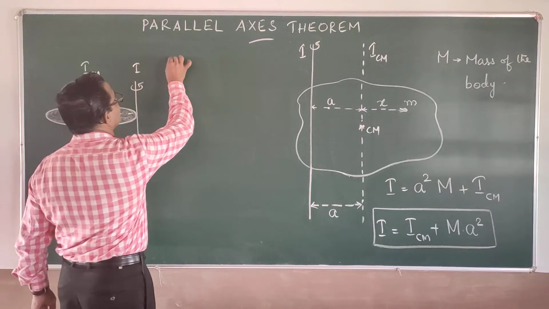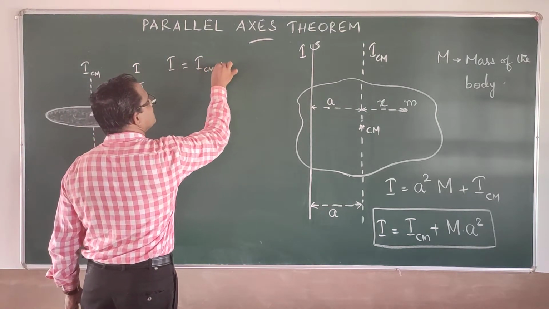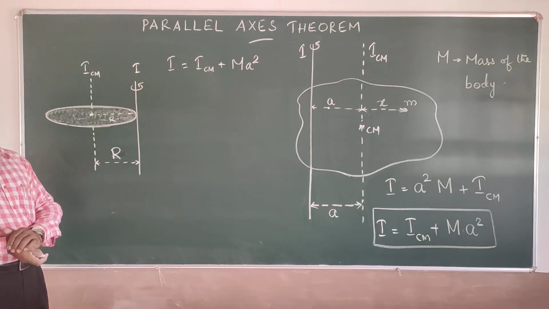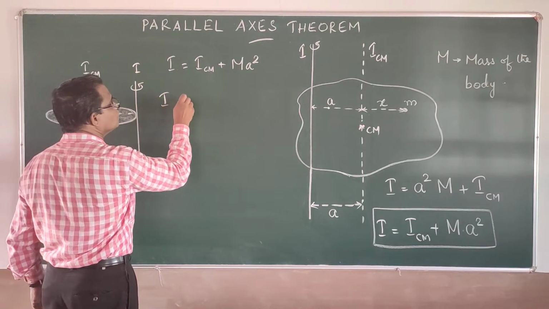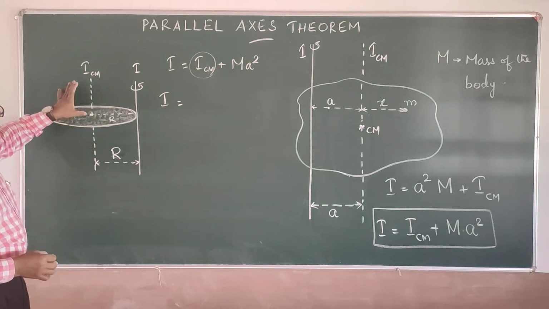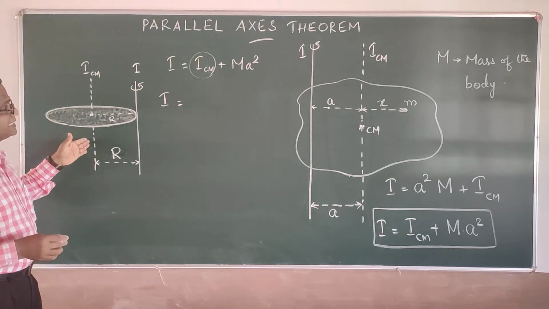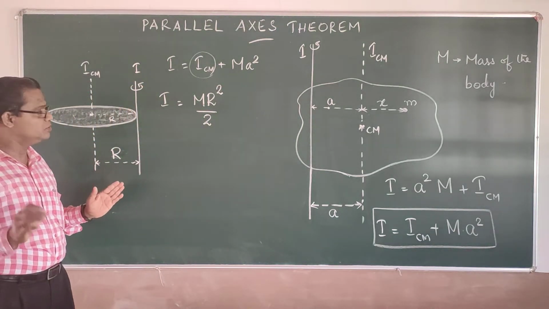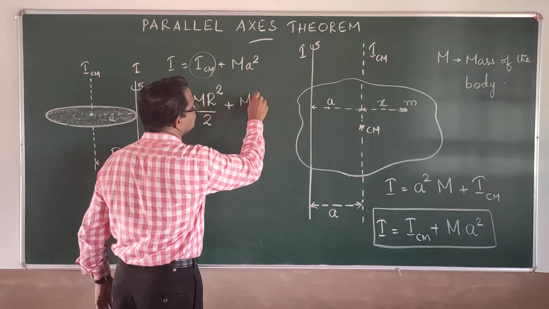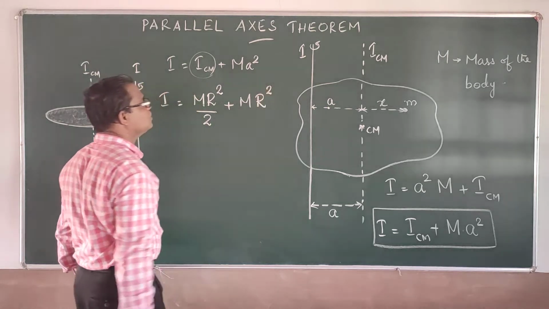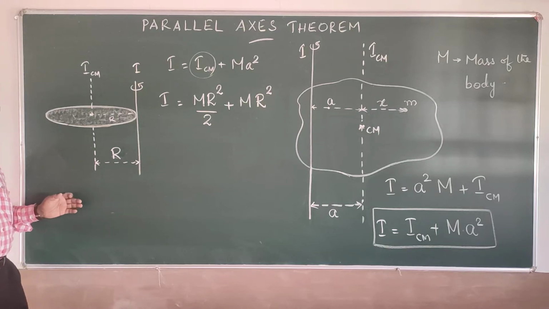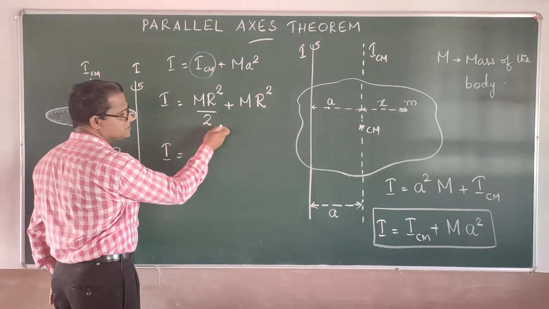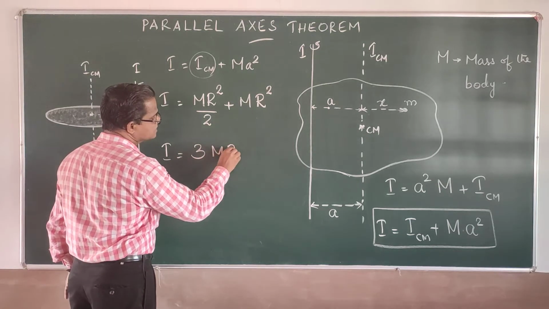Now directly you can substitute in the formula I equal to I_CM plus m a square, which is the parallel axis theorem. Applying that, I equal to I_CM, the moment of inertia of the disk about its own axis, which we know is m r squared by 2, plus m a square, with a equal to r, which is m r square. So m r square by 2 plus m r square gives 3 m r square by 2.